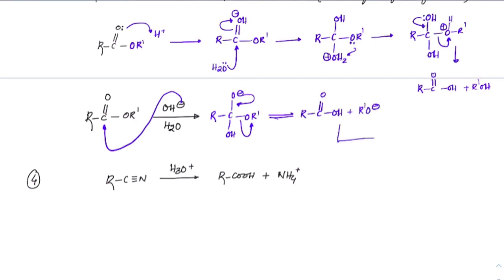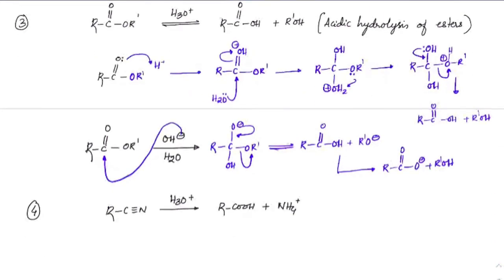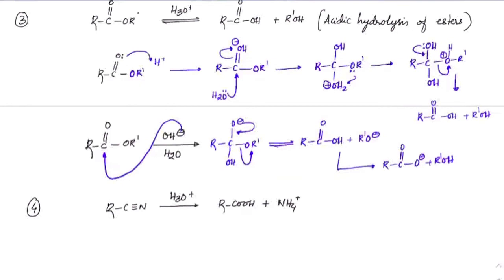Okay, this is an irreversible reaction where you will have RC double bond O and O minus plus R dash OH. I think this point is clear to all of you, how the hydrolysis of esters is done. All of these are via SN2D mechanism only. Now this is there for our syllabus and the mechanism is also given in NCERT.